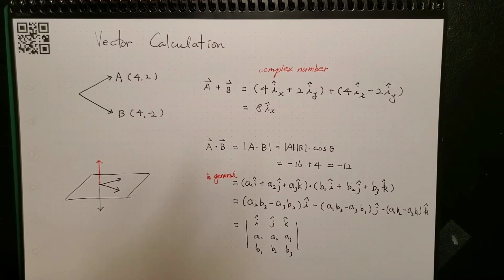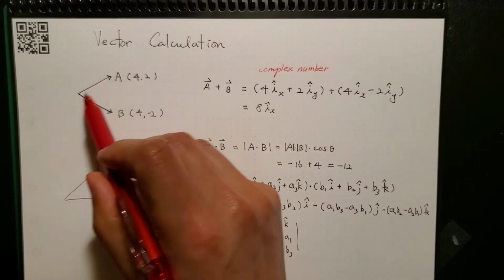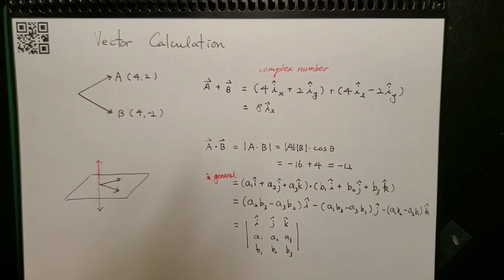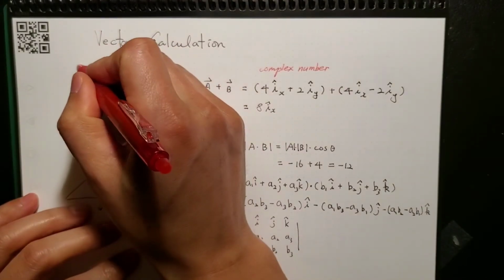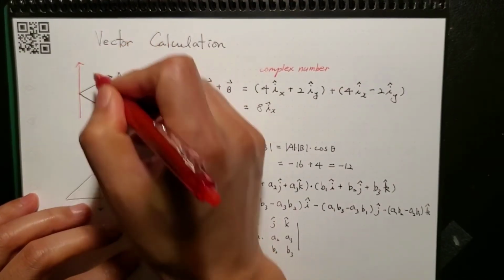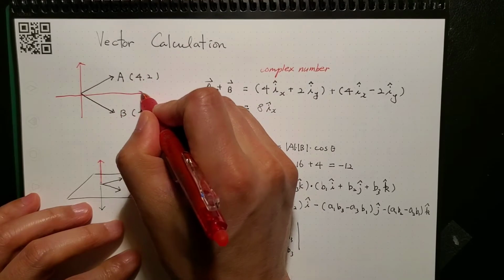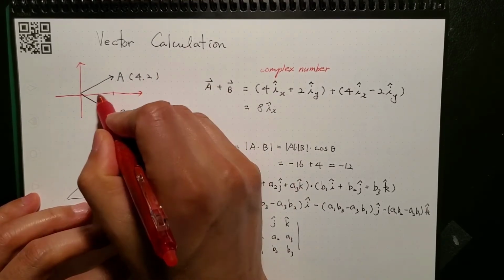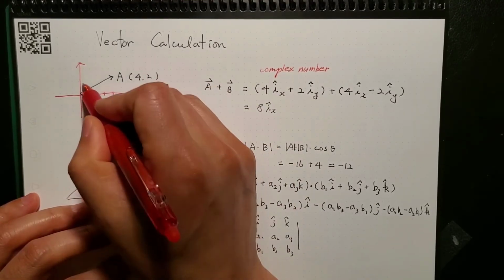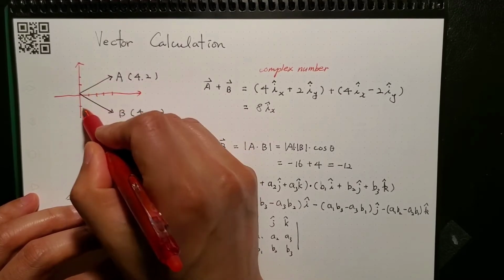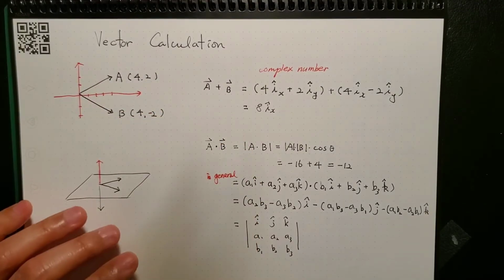We are dealing with vectors, so you need to know how to add them and multiply them. When you have a vector A and B, you can basically put them in the Cartesian coordinate. So 4, 2, 3, 1, right? And then 1, 2, 1, minus 1, minus 2.